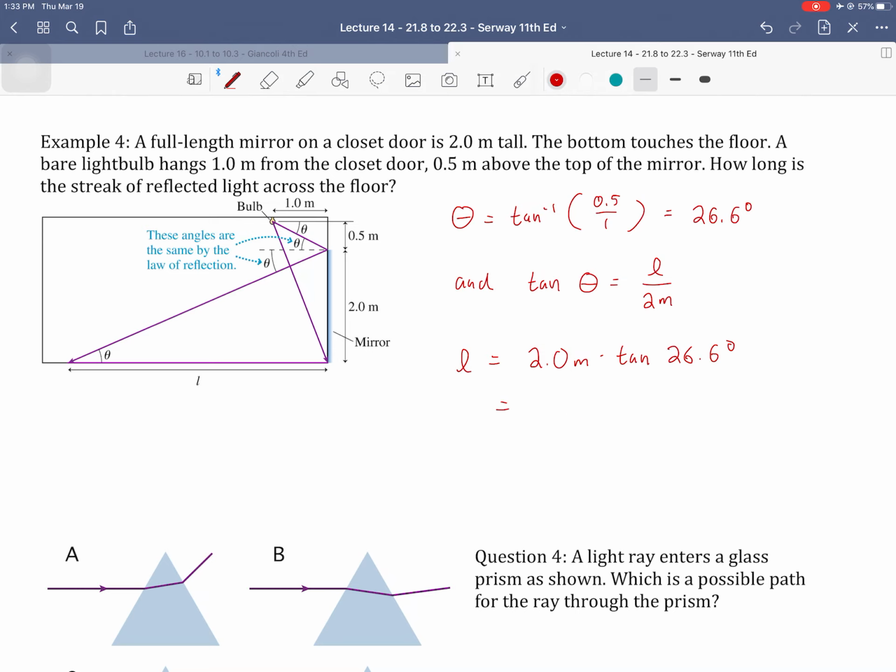Okay, so let's fix that. Tangent. All right, so tangent of theta, 26 degrees, is opposite over adjacent.